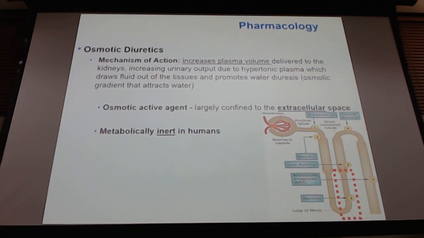So this is putting water from between your cells, out of, say, the brain, into your vasculature or your bloodstream, and also pulling it into the nephron through the descending loop of Henle.